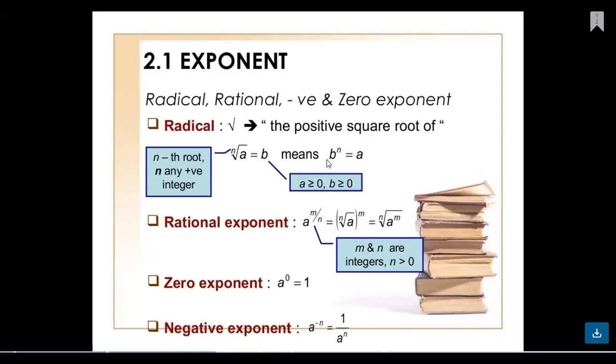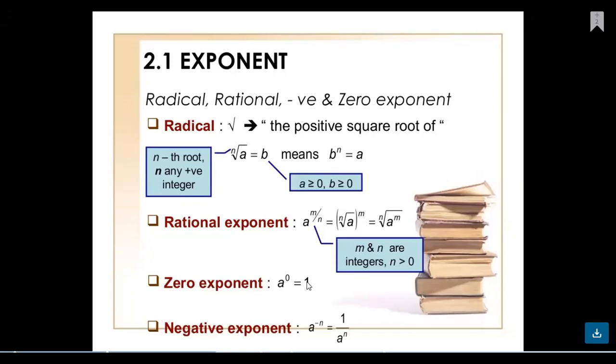Kapag 2^0, ang sagot is 1. Kapag 3^0, 1 pa din ang sagot. Kahit 100^0, 1 pa din ang sagot. So tandaan natin yun ha. Any number na raised to 0, the answer will always be 1.